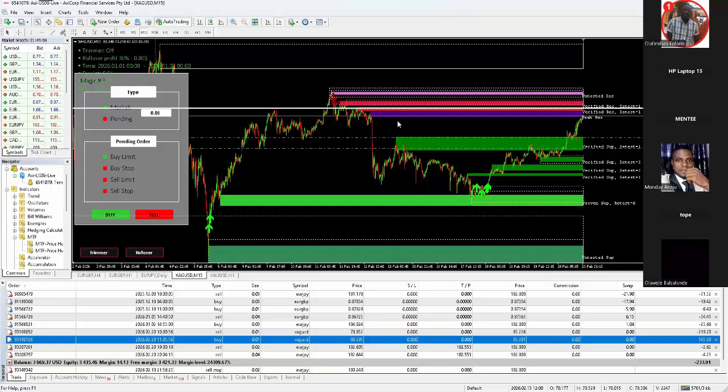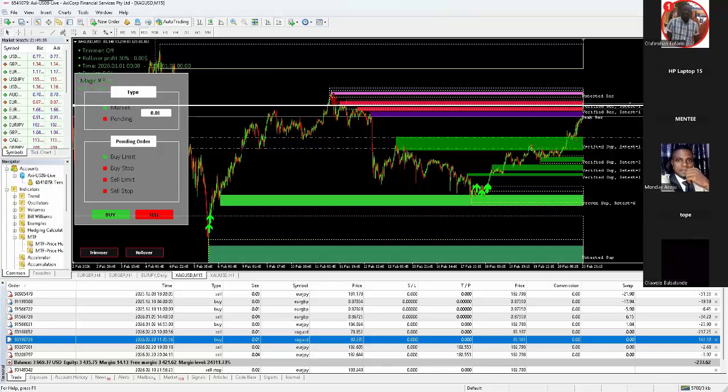So if you are the type that doesn't understand how this works, you can still use your multi-time frame. But I want to make my brain function. I don't want software to make my brain useless. I want to think. But it's not by force. If you still don't understand it, you have to understand the concept. So that's why I put the white line there. This is where I want to take my decision, on this white line.